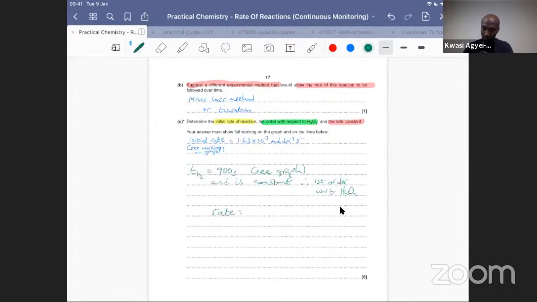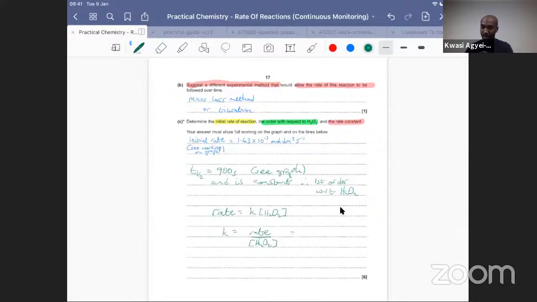the rate constant times our hydrogen peroxide, which is of course first order, so it's the power 1. So if we rearrange that to make the rate constant the subject, k is equal to rate over our hydrogen peroxide concentration.